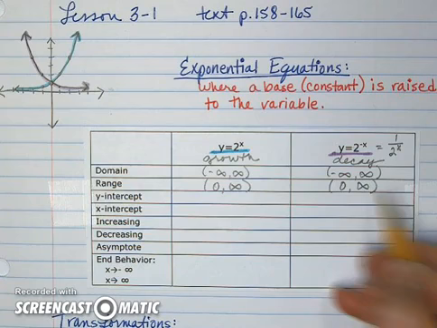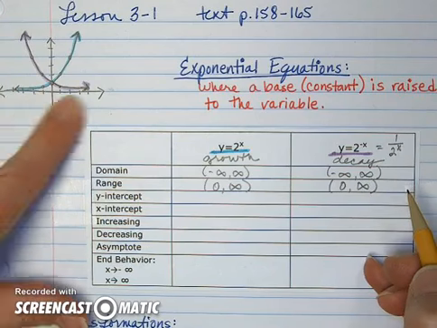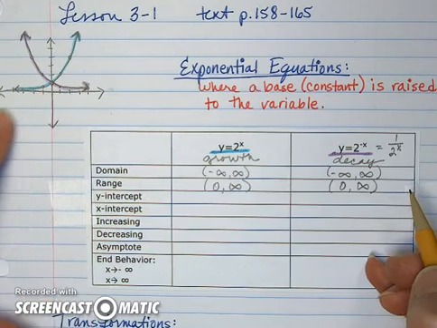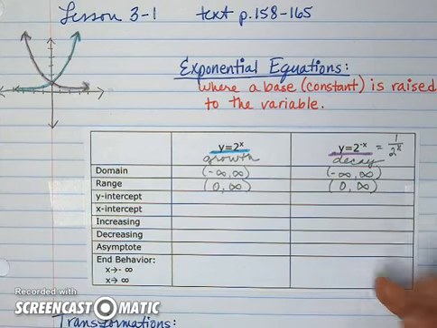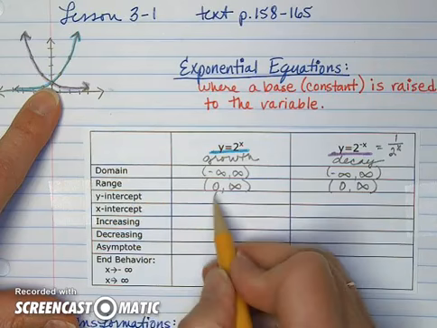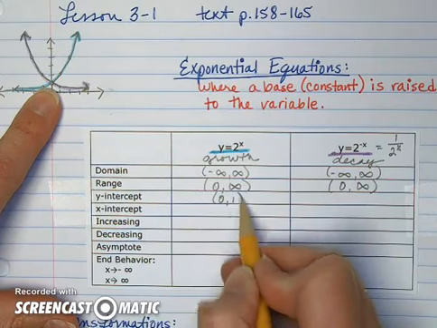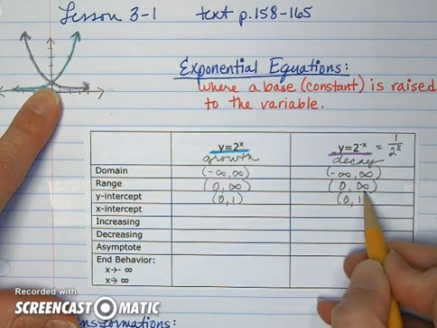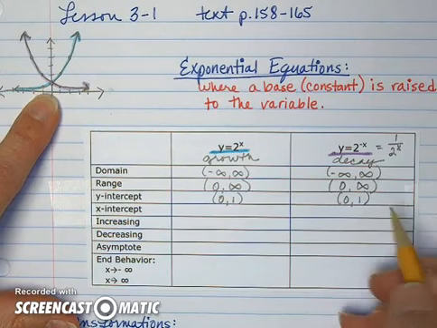There's an asymptote there. We'll never hit that, the x-axis, y equals 0. The y-intercept, they both intercept at 0, 1. But they never have an x-intercept.